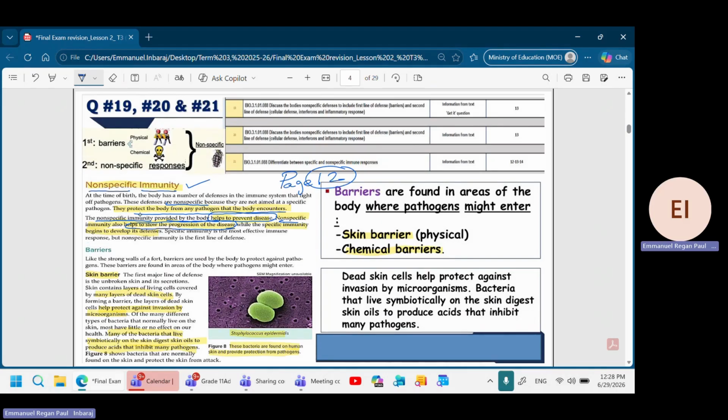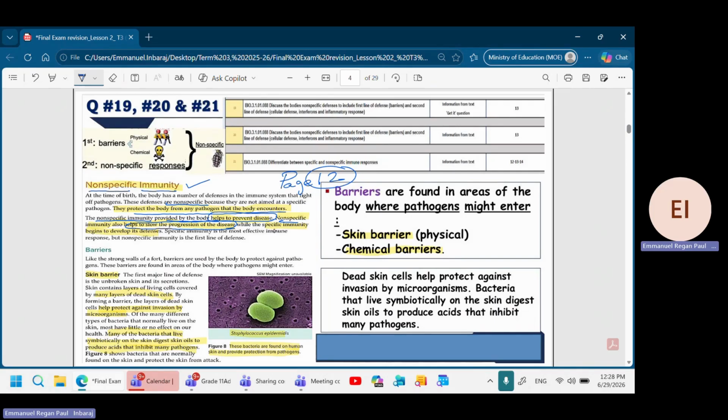So keep in mind, non-specific immunity is to protect the body from any pathogen. How does it help you? It helps to prevent disease and to slow the progression of a disease. These are the 2 points for non-specific immunities.